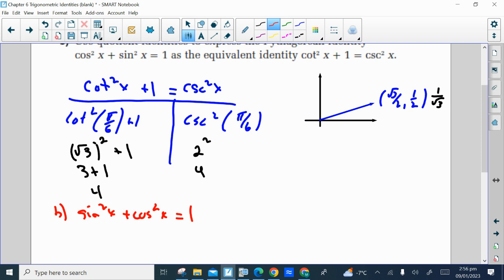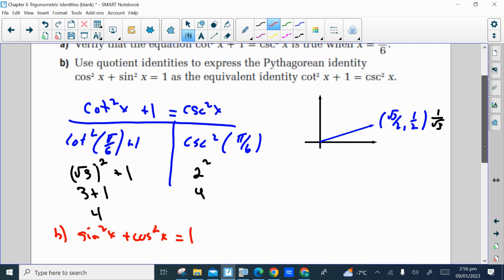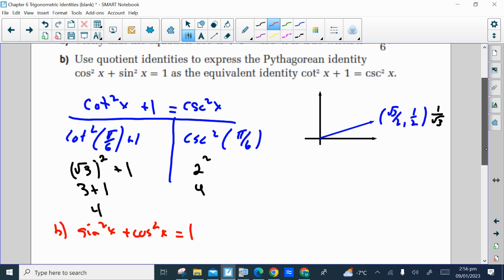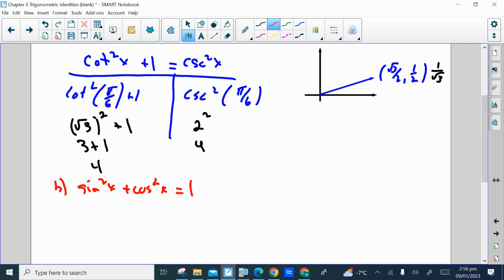So we're going to see that you can work from this Pythagorean identity to end up with the one that we just worked with above, that cotan squared x plus 1 is equal to cosecant squared x. And to get that, what we do is we divide each term by cos squared x.